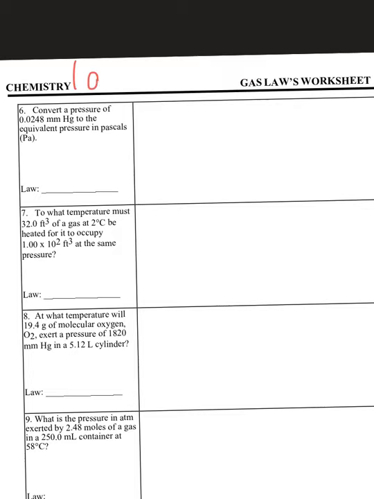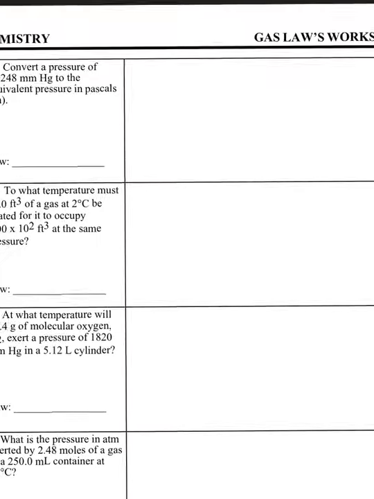So we have 1 atmosphere is equal to 760 millimeters mercury, and that is equal to 101.3 kilopascals. Let me write that again. Let me start over on the side to give myself more room. I thought I had more room on the edge of the paper there, but I did not.